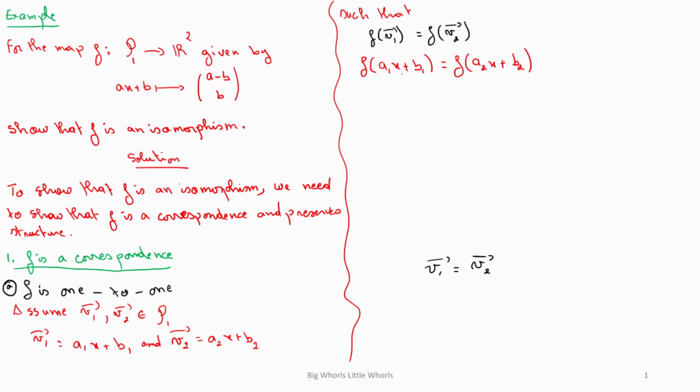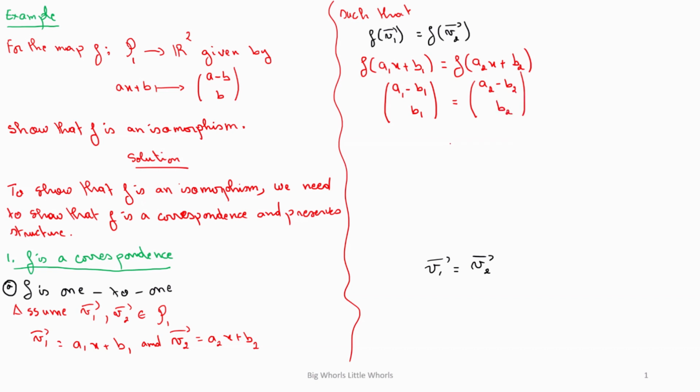What does the map do to an element from P1? It turns that element into a two-dimensional vector. So we have (A1 minus B1, B1) equals (A2 minus B2, B2).